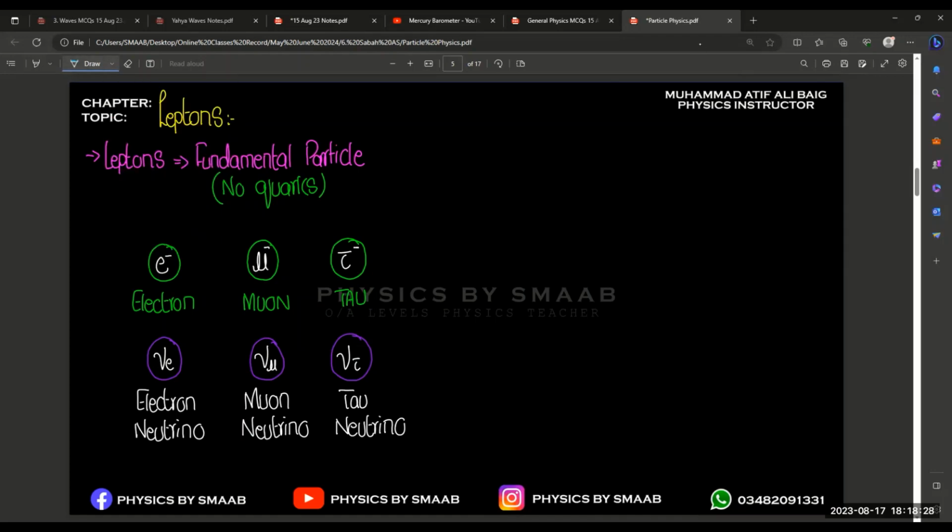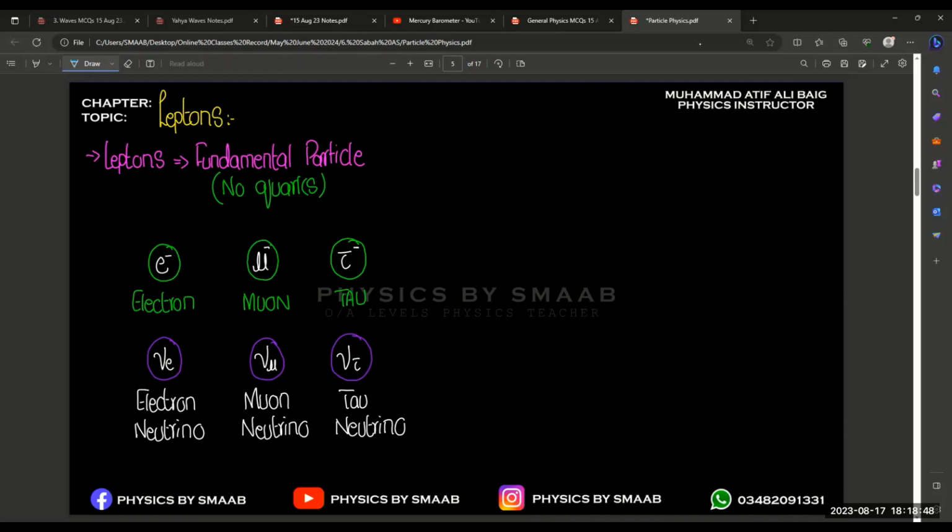And if we talk about some other properties of these leptons, we have electrons, and we have a basic idea of the electron. We already studied much about the electron. So muon and tau both are similar to the electron, but with slightly larger mass, right?